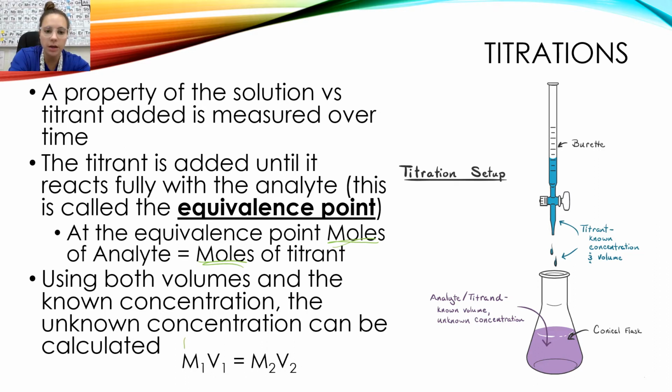So this can be of my titrant, and this is my analyte. This is my unknown, but I would know the volume, so I'd be able to plug this in. I know the concentration, and once I dispense it and get to the equivalence point, I can measure how much I added, so I'll know the volume. Then using this equation, I can calculate that unknown molarity, and we'll do an example of this.